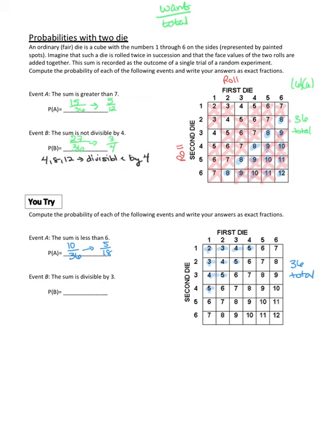Event B, the sum is divisible by 3. Well, we know there are 36 possibilities. Let's write down numbers that are divisible by 3. 3, 6, 9, and 12. Divisible by 3.